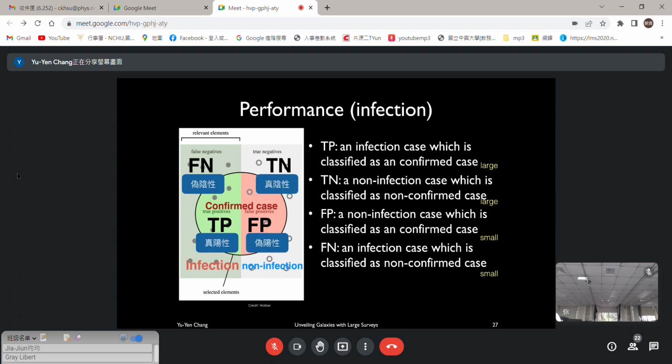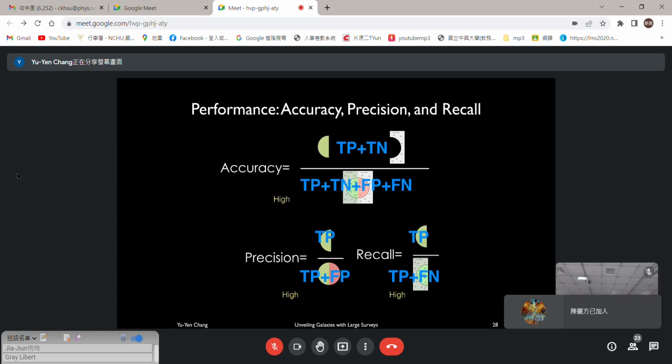In data science, it depends on which kind of topic you want to focus on, and for each topic we usually focus on different scores. For example, we may consider accuracy, which means the true positive sources plus true negative sources divided by the whole sample.